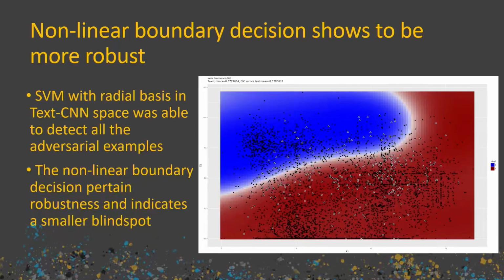So we plotted the nonlinear boundary to understand where the adversarial examples lie. In this case, we see that the nonlinear boundary does demonstrate some level of robustness against adversarial examples, and this indicates it seems to have a smaller blind spot.